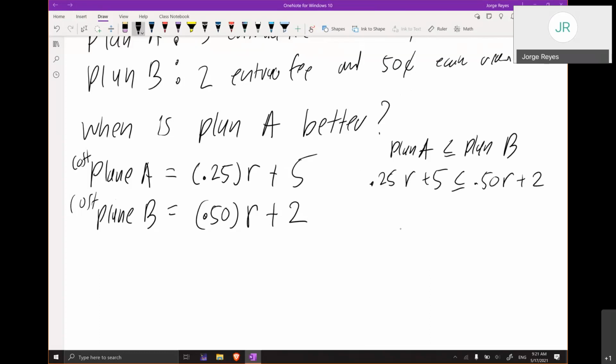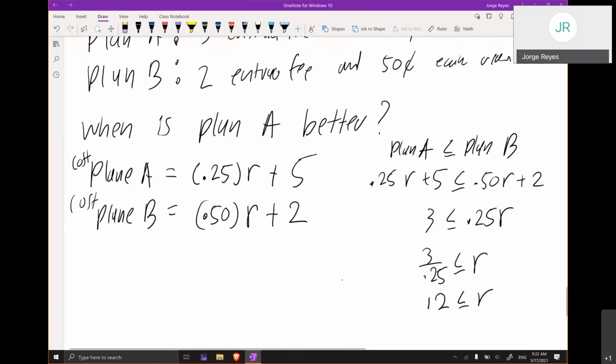So I'm going to solve. I'm going to subtract the 2 and get a 3, and then subtract the quarter and get a quarter. Then I'm going to divide. So 3 divided by 0.25 is less than or equal to R. So this is 12. So when R is greater than or equal to 12.